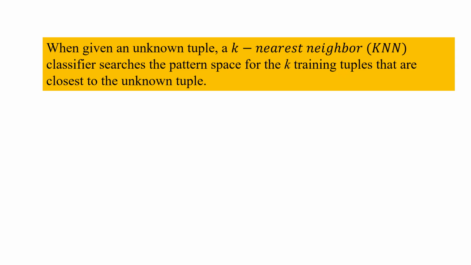Now, the working of this classifier: for an unknown tuple, the k-nearest neighbor or KNN classifier searches the pattern space for the k training tuples that are closest to the unknown tuple.